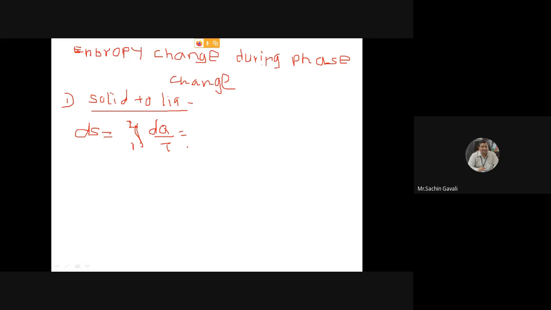Now, what about temperature during the phase change process? Is the temperature changing, remaining constant, increasing or decreasing? Temperature always remains constant during phase change.